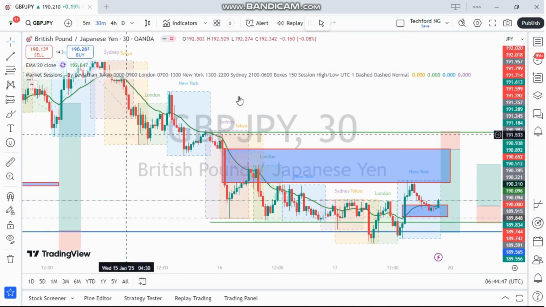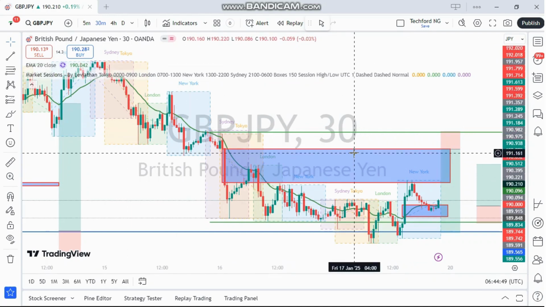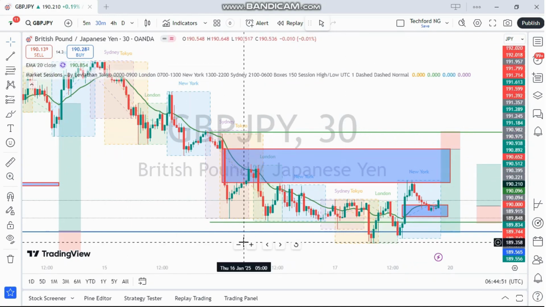Now, looking at this chart over here, first of all, the fair value gap. The fair value gap is usually found around a space. It is the space between three buying or selling candles.